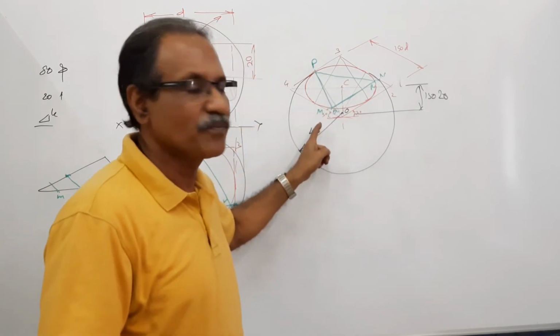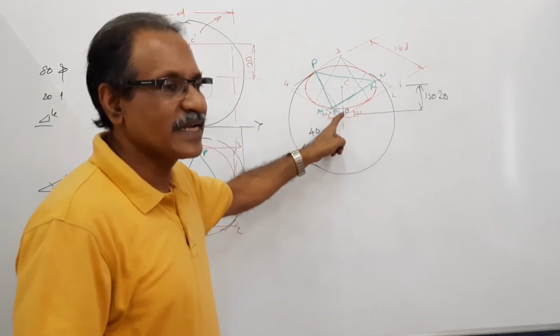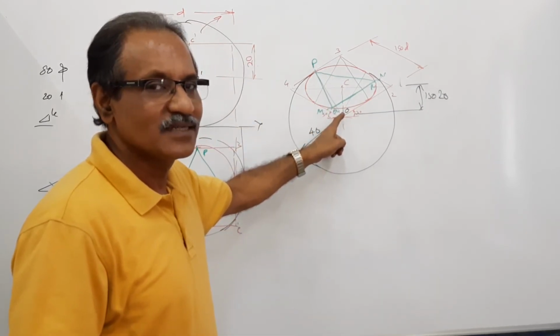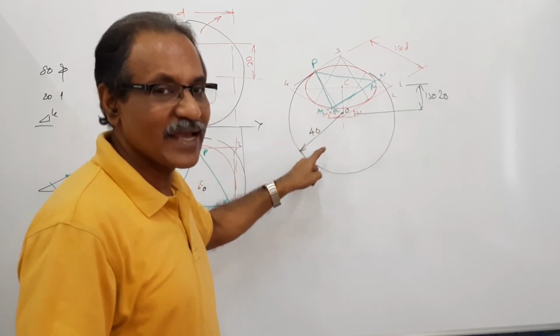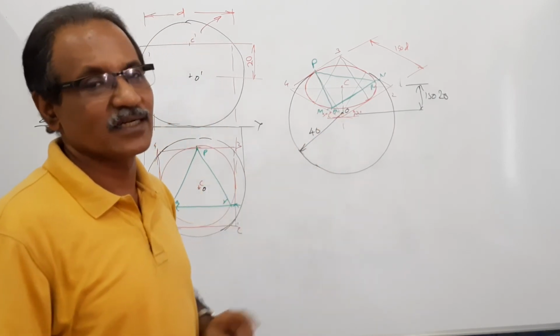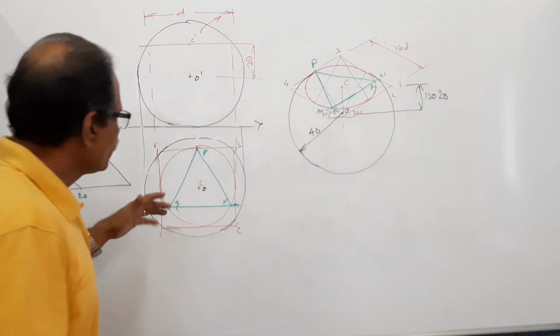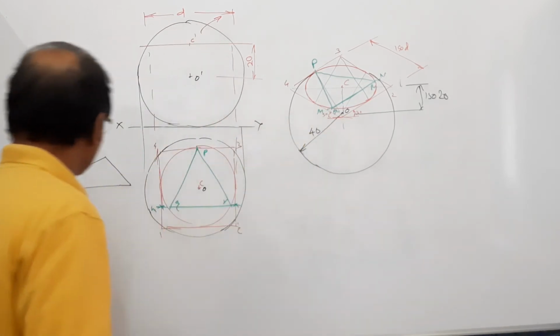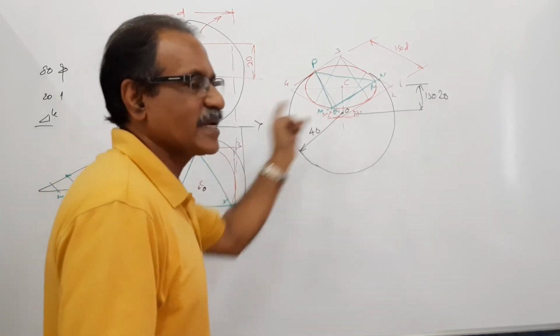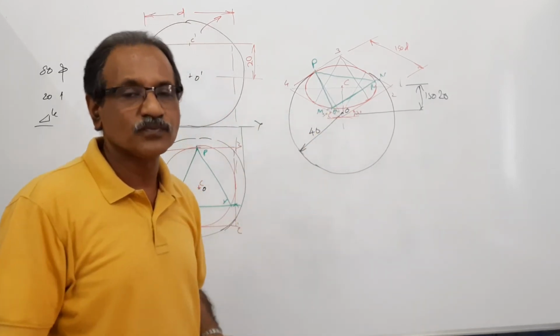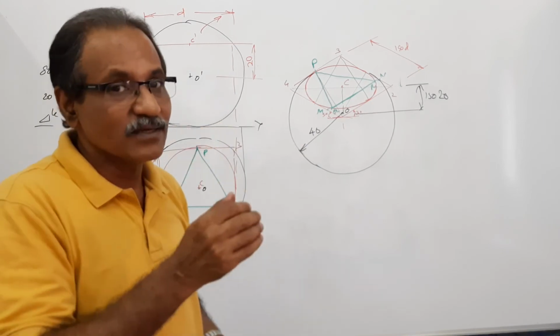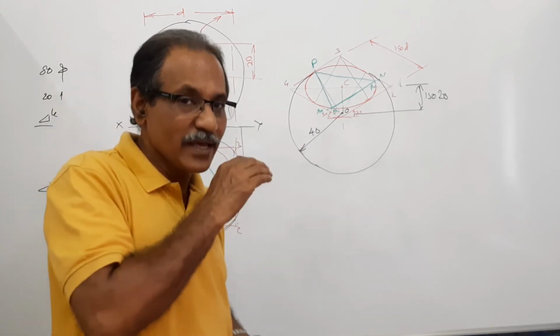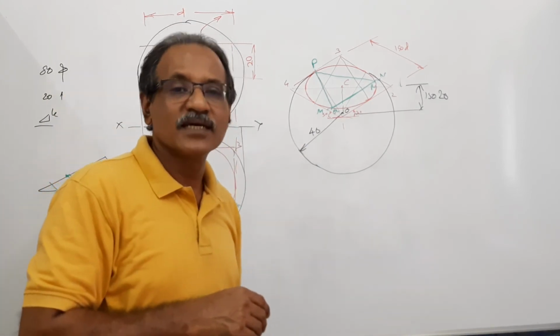Then with O as center, what radius? 40 divided by 0.815. We will draw a circle. And then we will draw the equilateral triangle. Instead of going to isoscale and taking 1M, directly take 1M there. That is isometric view. So I am just discussing what differences will be brought in when you draw the isometric view.